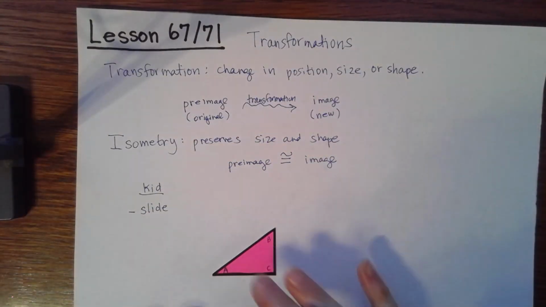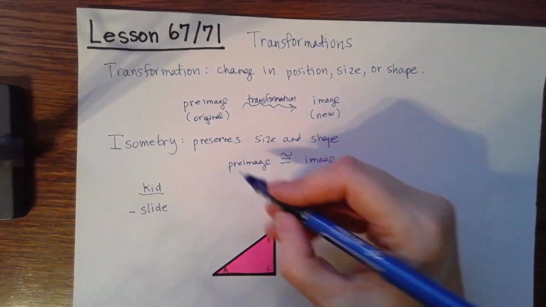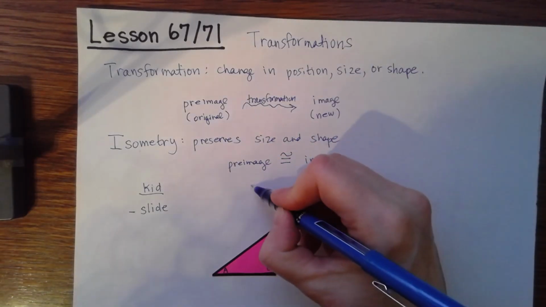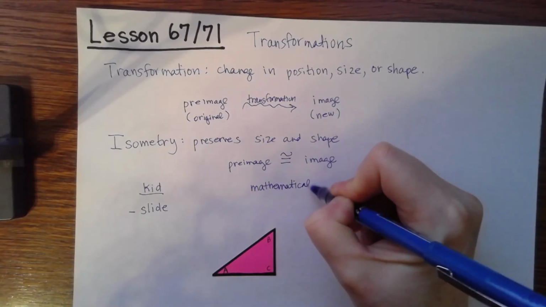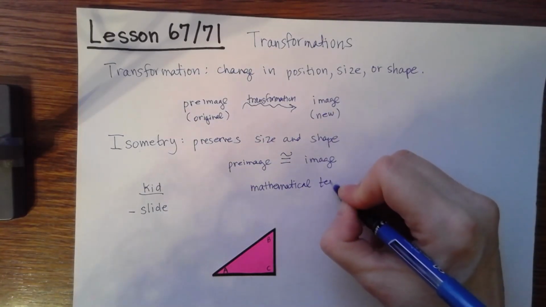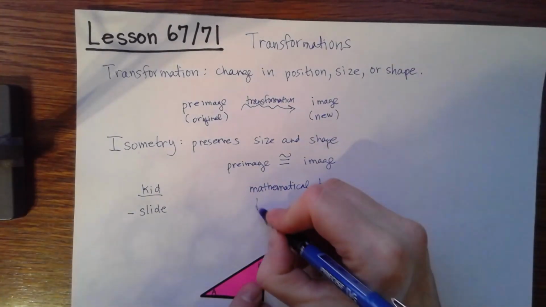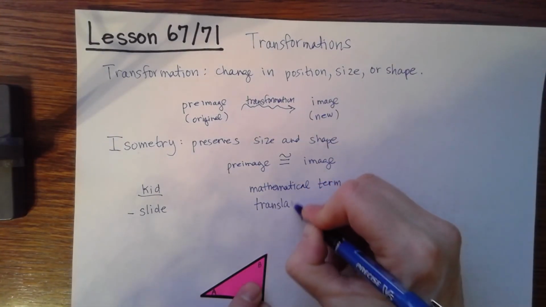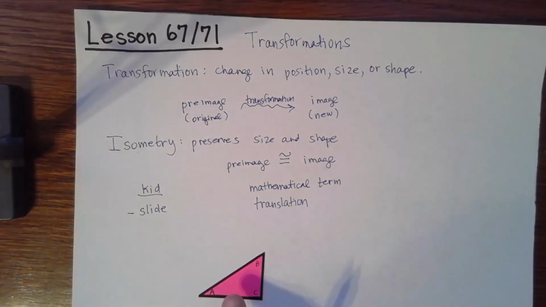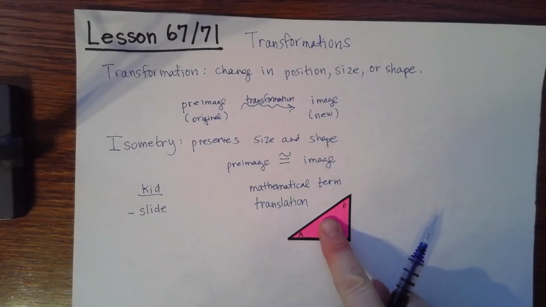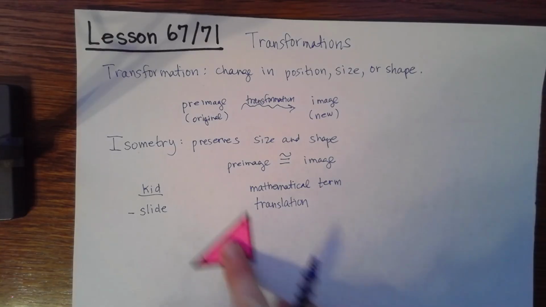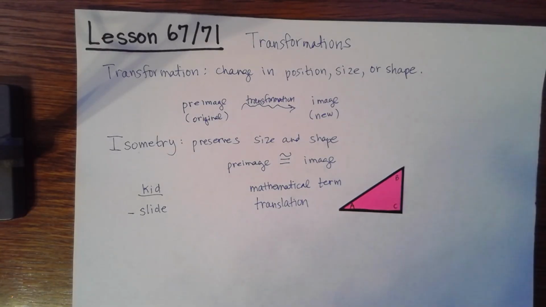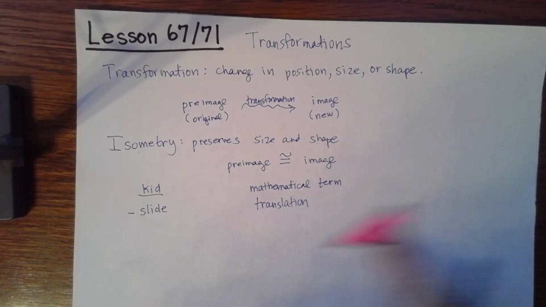Well, now you're a grown-up, sophisticated geometry student. So the mathematical term for that, which is what we will be using from now on, is a translation. Okay, so I just took my triangle and I translated it, and I translated it again, and again. We're not going to call it a slide, we're going to call it a translation. So a translation is an isometry because it preserves the shape and size. Nothing about my triangle changed.